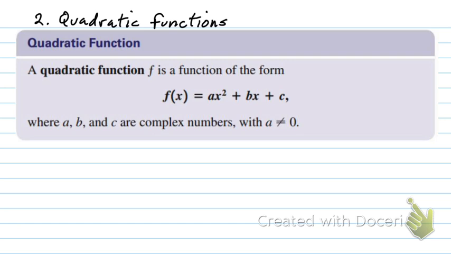And look at what kind of numbers: complex, which means they could be imaginary. We don't think of that very often because we don't see that pop up in most textbooks or problems, but a, b, and c could be imaginary numbers.